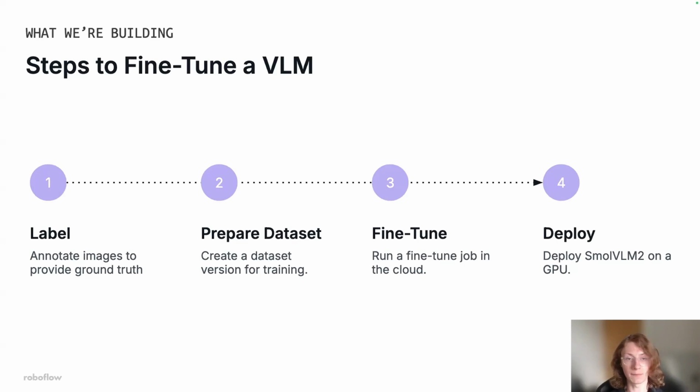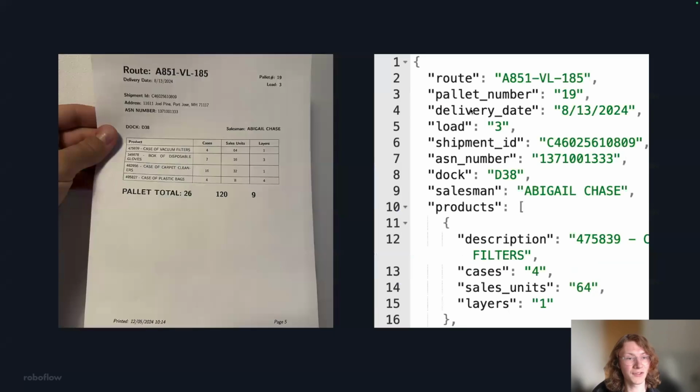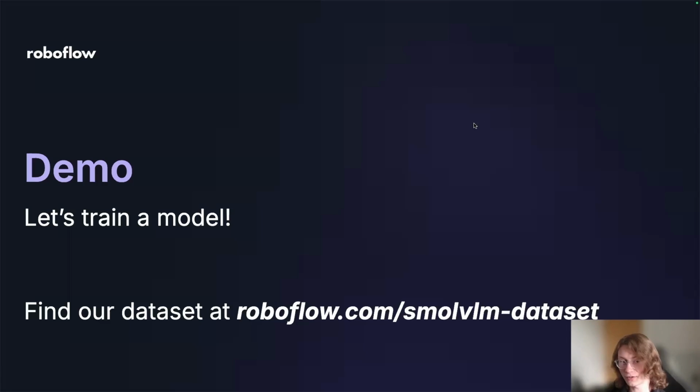And then part of deployment is building our application logic. And for this, the guides will be walking through combining two different models, a classification model and also a SmolVLM2, so we can build some routing logic on top of our base model. So yeah, reminder, we're going to take this shipping document and turn it into JSON. And with that, let's train a model.